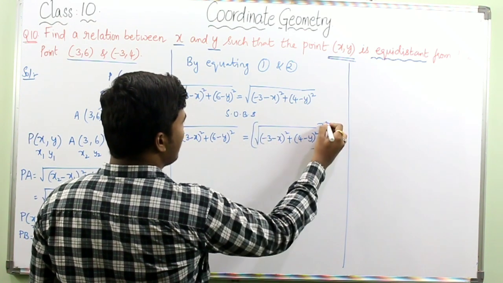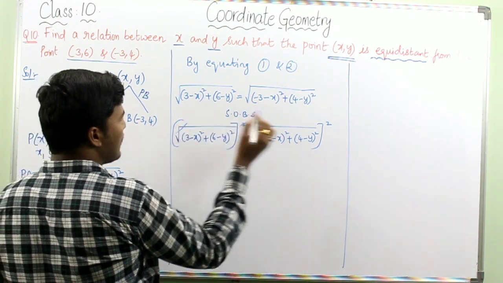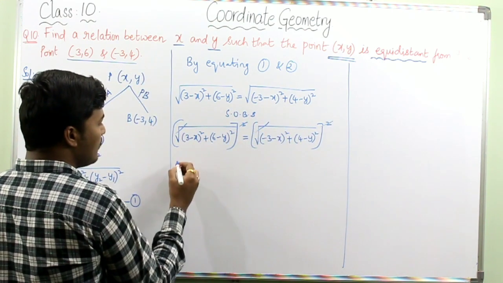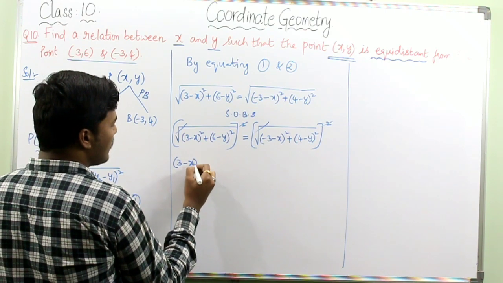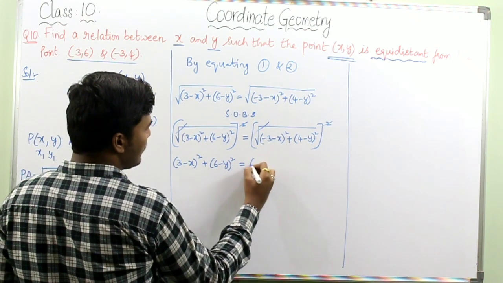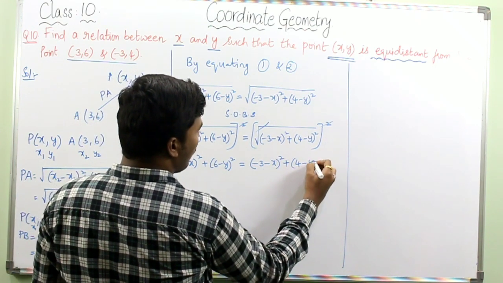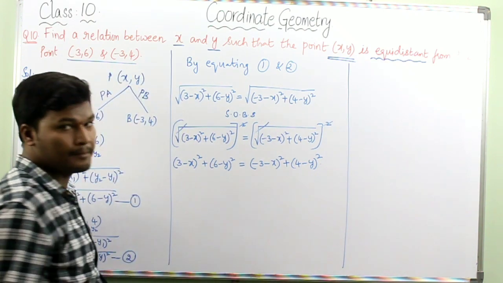Now this side I am applying square, this side also I am applying square. So the square and root get cancelled, square and root get cancelled. So we are just left with (3 minus x) whole square plus (6 minus y) whole square is equal to (minus 3 minus x) whole square plus (4 minus y) whole square.